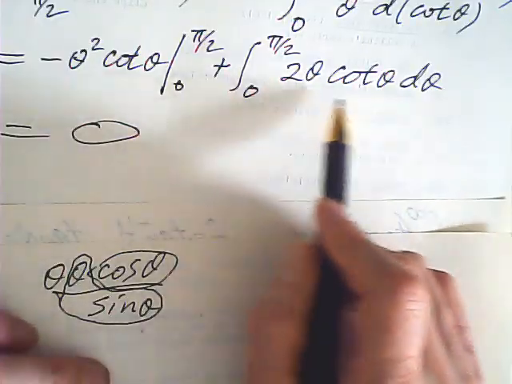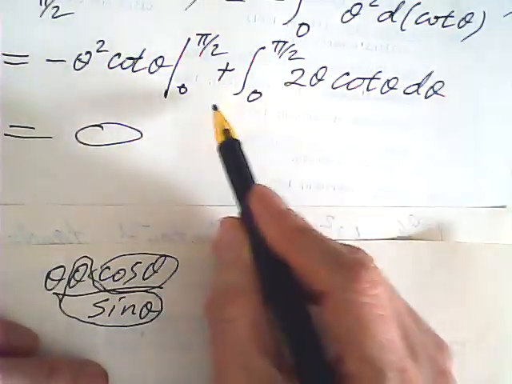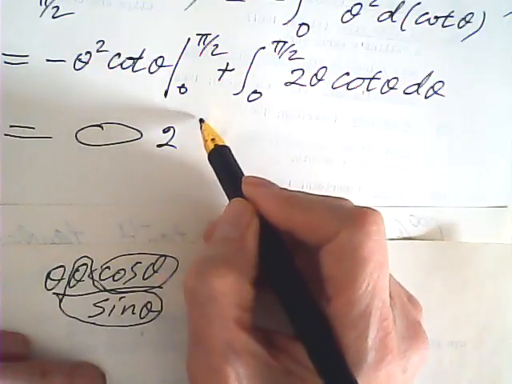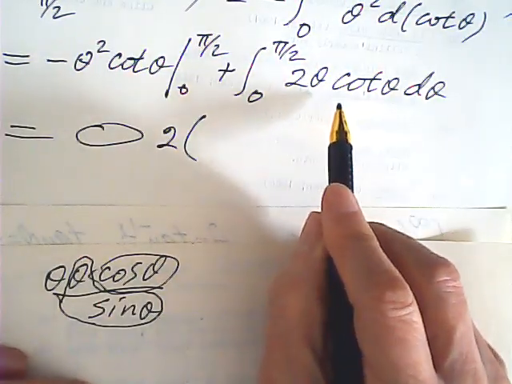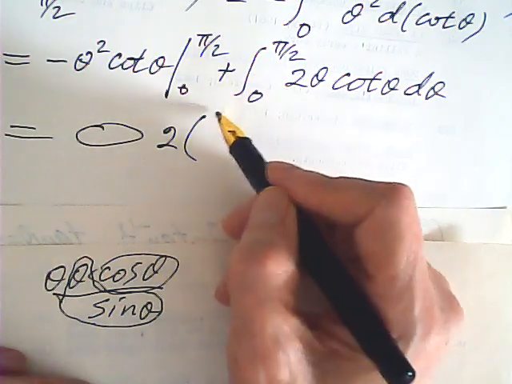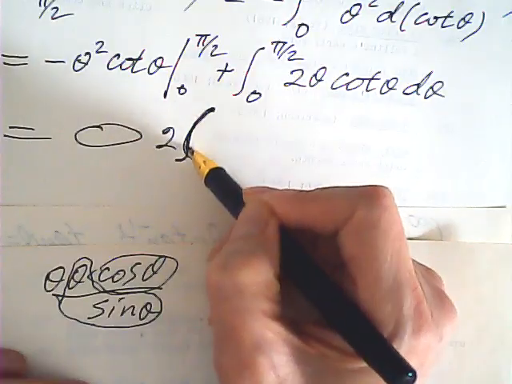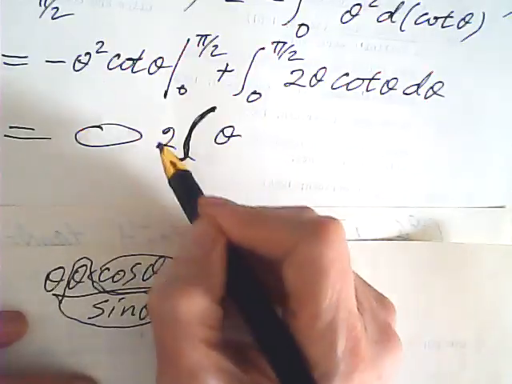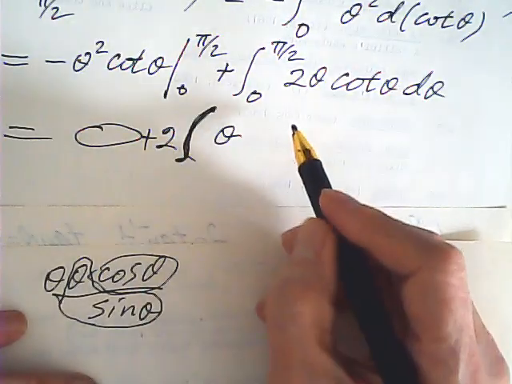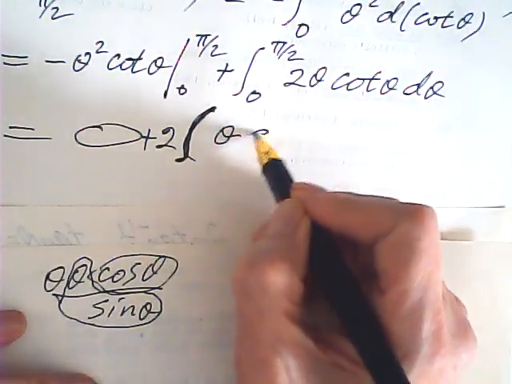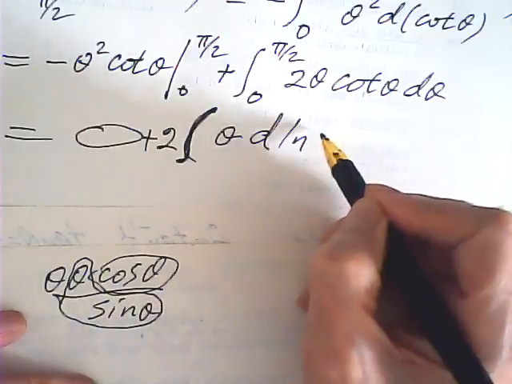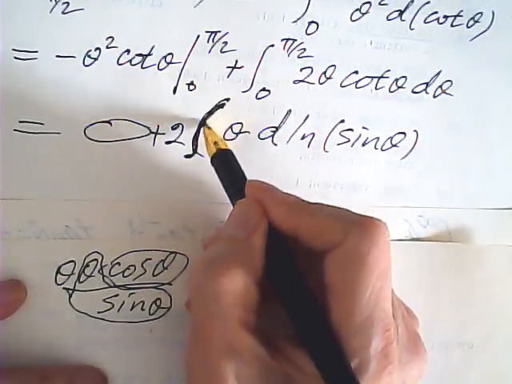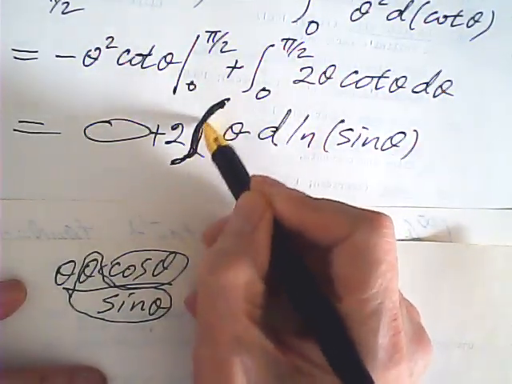And this one I can use integration by parts again. Now I have to prepare for by parts. This one is equal to 2 theta, and this is plus 2 theta cotangent theta d theta, which is d log sine theta. Sorry, this is the integral of sine.